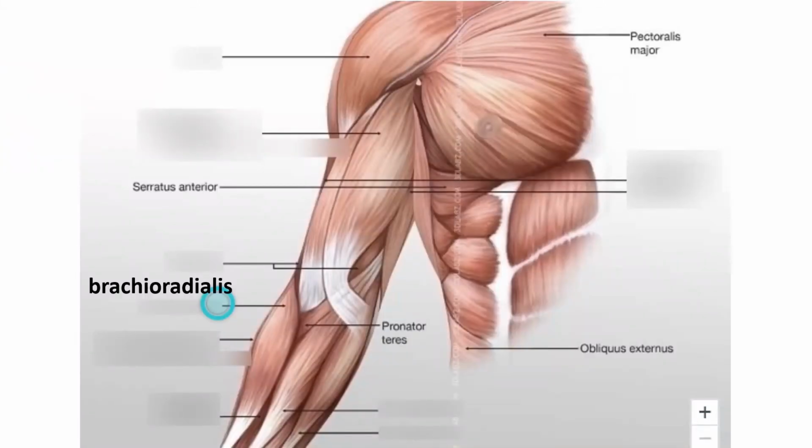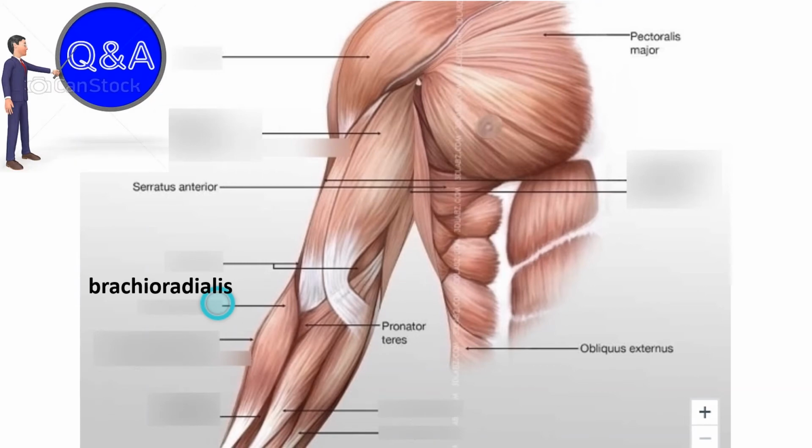Next, the upper part of the forearm, the anterior compartment. So let's ask ourselves questions and answer them. What is this muscle? This is the most lateral muscle in the anterior compartment. It is, of course, brachioradialis, and it is lateral to the biceps tendon.